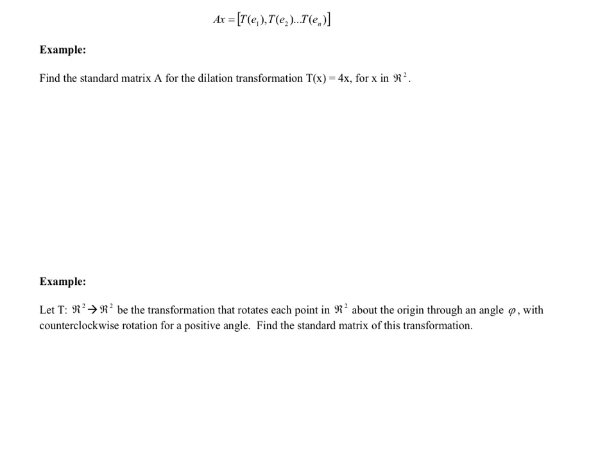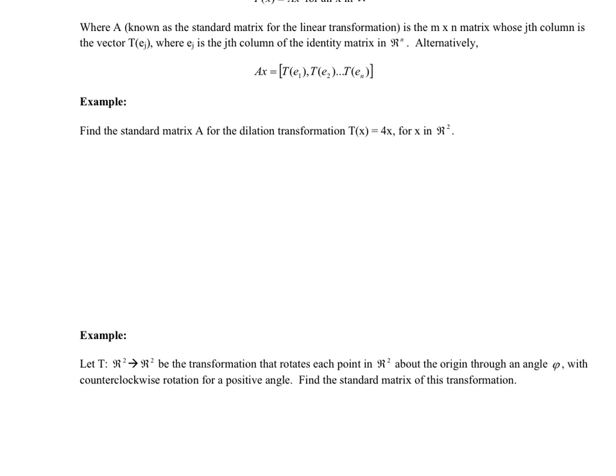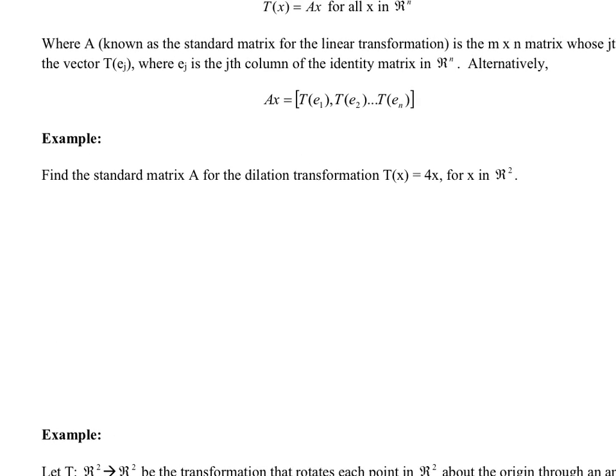And I'll show you what I mean by that. We're starting with, and we're only going to work in 2 dimensions for now, or at least in this unit, the identity matrix.